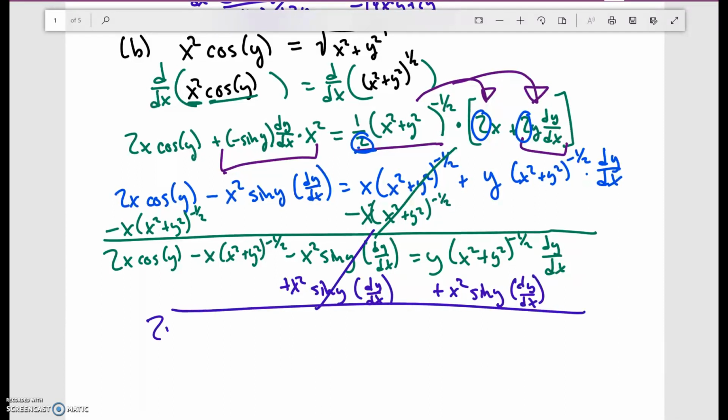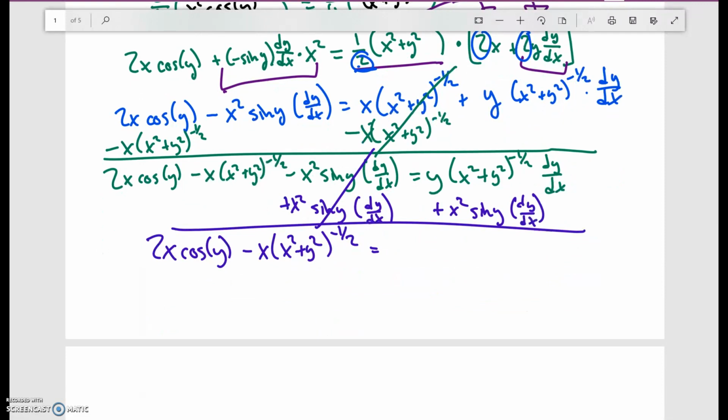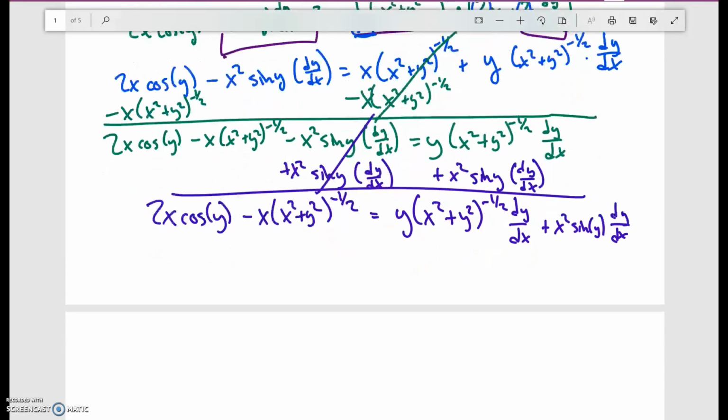So I'm left with 2x cosine y minus x squared plus y squared to the negative 1/2 is equal to y times x squared plus y squared to the negative 1/2 dy over dx plus x squared sine y dy over dx.